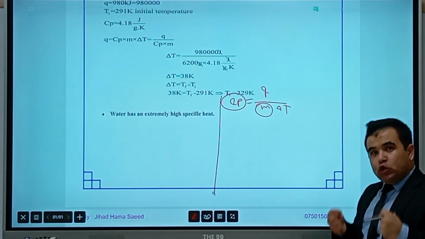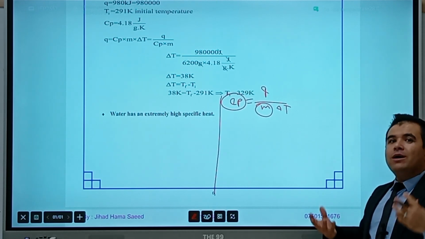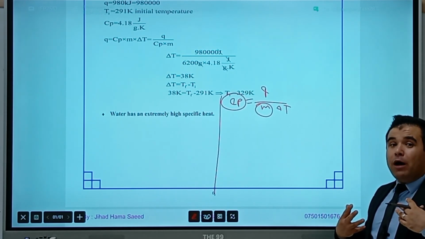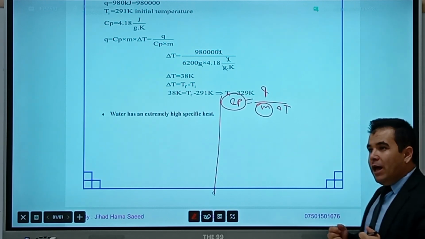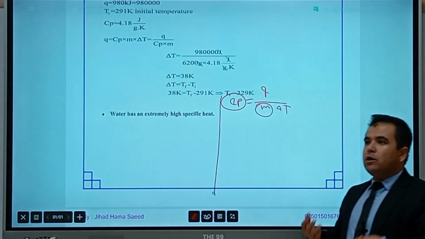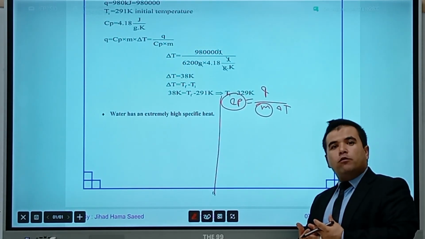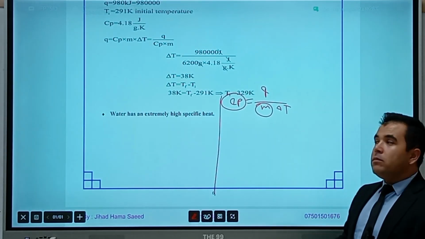Which one will absorb more energy? The one that we provide a high amount of heat, the one that we provide a low amount of heat, both absorb equally, or none of them.